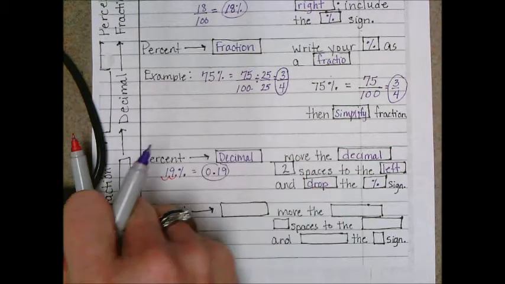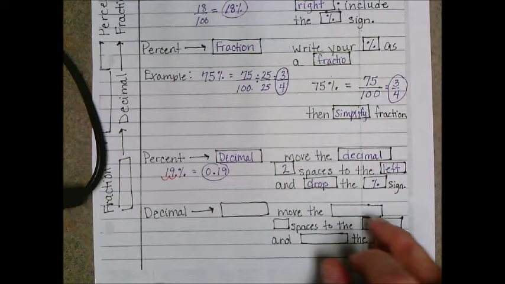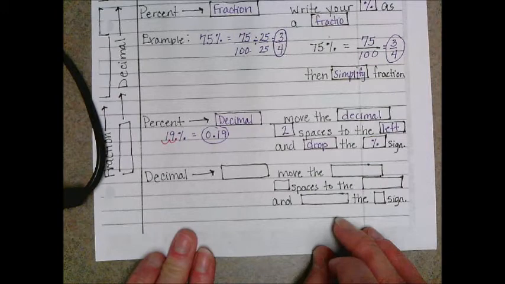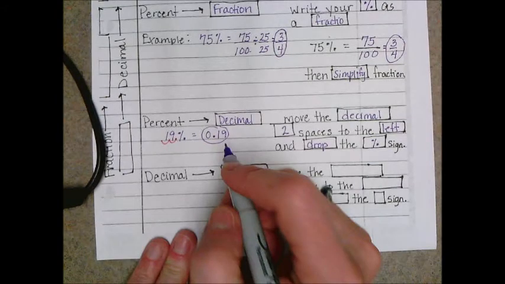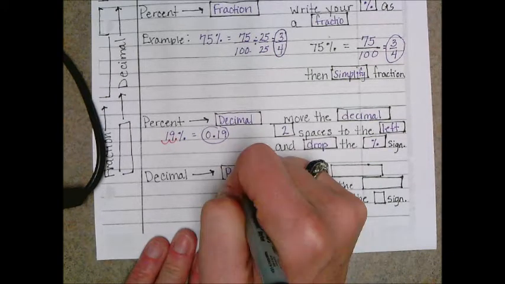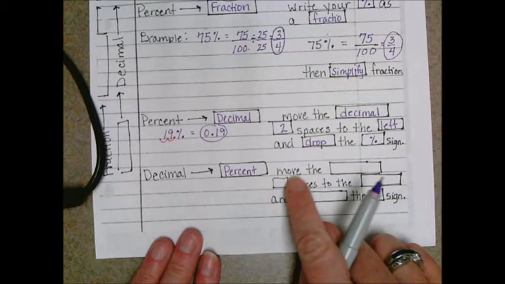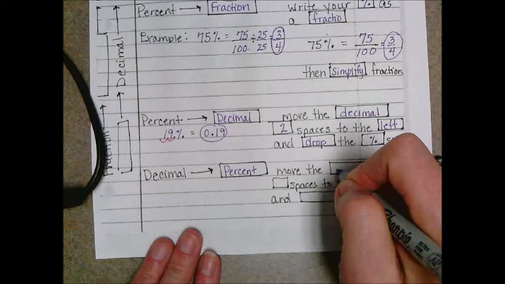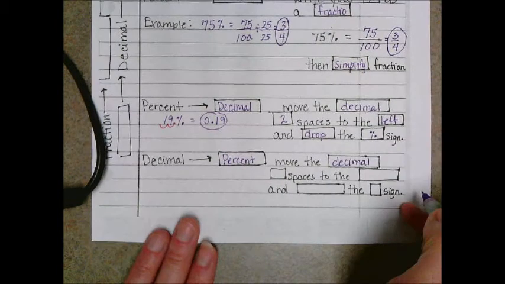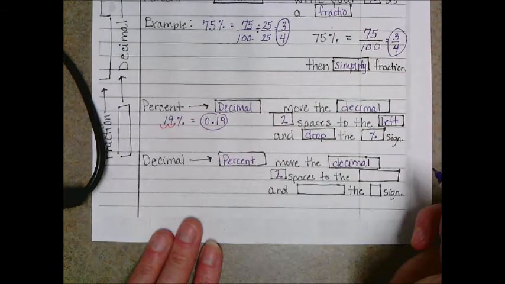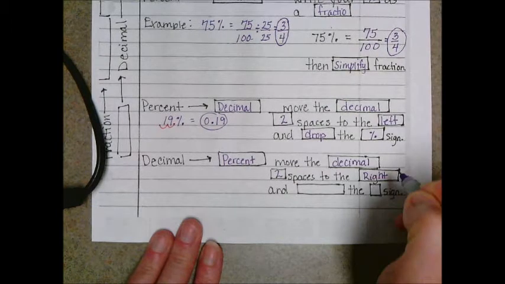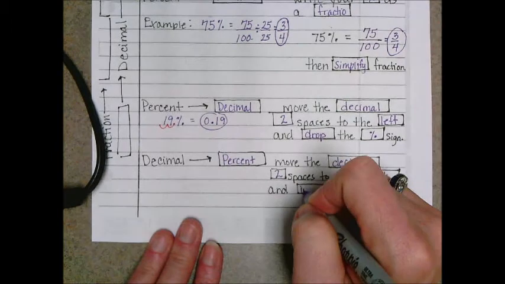If I'm going backwards, if I'm going decimal to a percent, I'm going to do the opposite of what I had in my instructions up here. We're going to move the decimal how many spaces? 2. To the right, and we're going to include the percent sign.